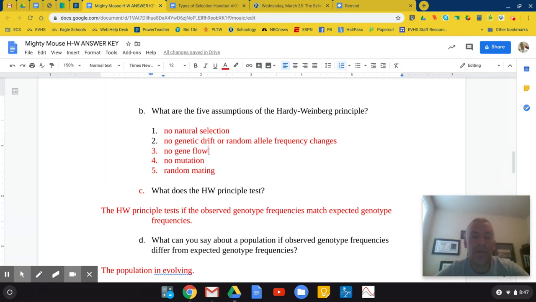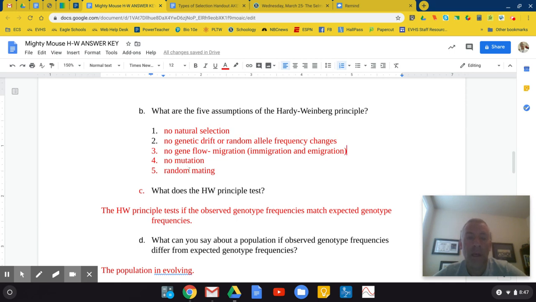There is no gene flow, and to separate genetic drift and gene flow, gene flow is migration: anything moving into or out of the population that can change allele frequencies in the gene pool of that population. Another assumption is that there's no mutation, nothing at the genetic, DNA level, changing the genetics of that population.